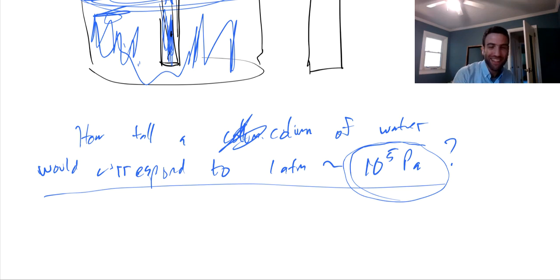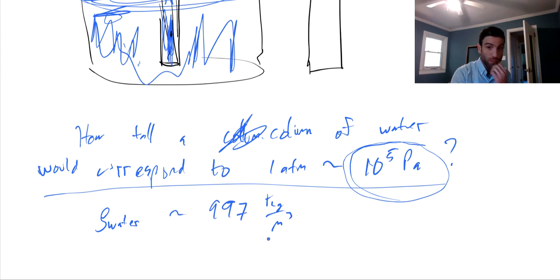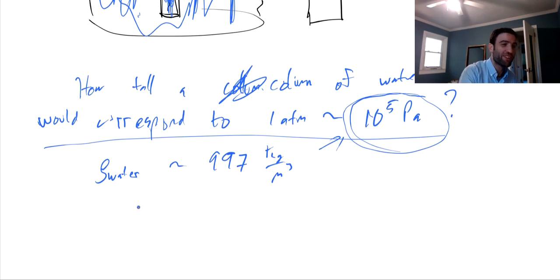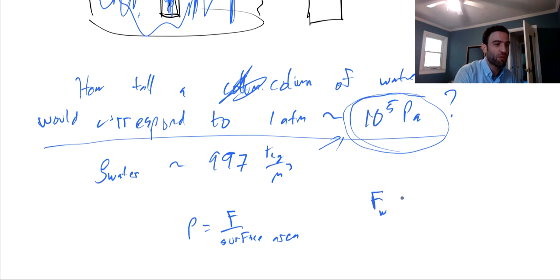Now that you're back, or never left, I'm sure, using the fact that, for instance, the density of water is about 997 kilograms per meter cubed, and given that this is our target pressure, so remember, the target pressure is going to be a force over a surface area, and the force is going to be the weight of the column of water, which is going to be the mass, which is going to be this density, rho water, times volume.